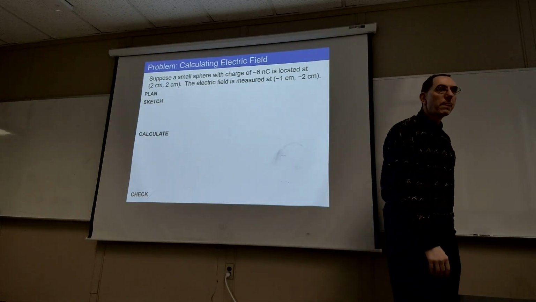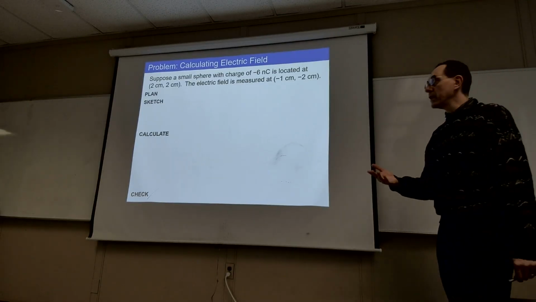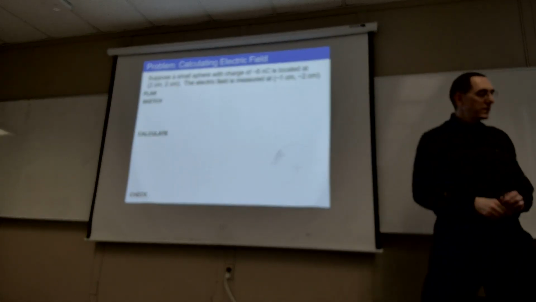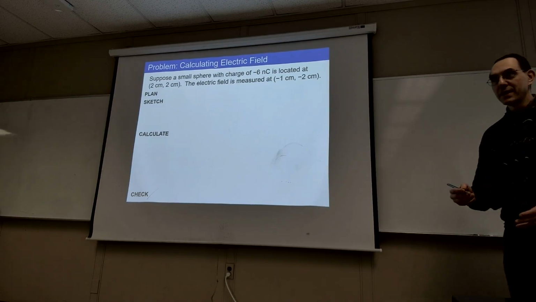Yep. Equation for the sphere. Okay, so that's one relevant equation. So let's write the equation down first. What's the equation again? X squared plus y squared equals r squared, or plus z squared. Yeah, that's the equation for a circle, but not for the electric field.